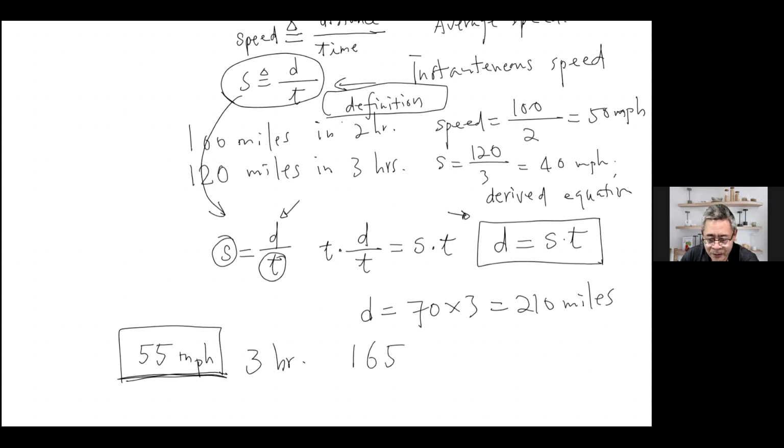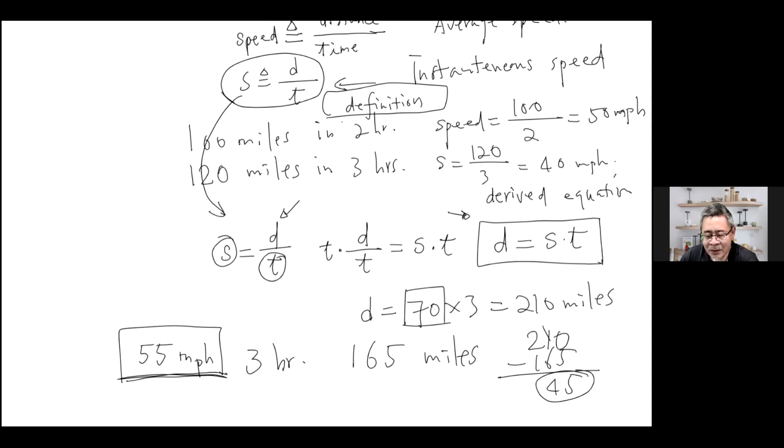And you can see the difference: 70 miles per hour versus 50 miles per hour. In 3 hours, we have a difference of 210 minus 150, so 60 miles. That's a difference because our speed is different. Same amount of time, but because speed is different, the mileage we cover is different.